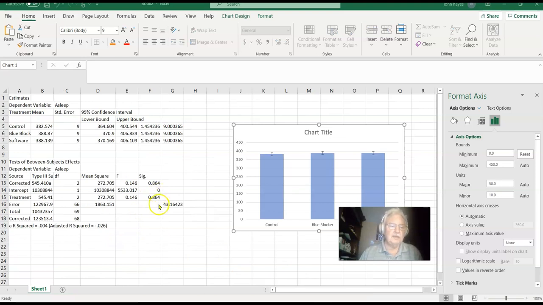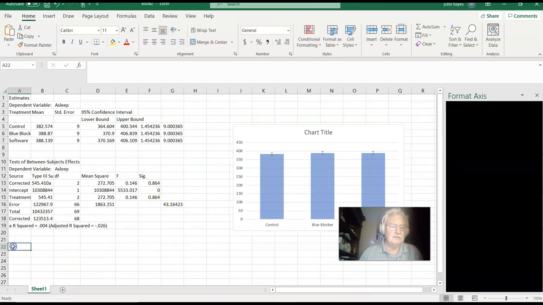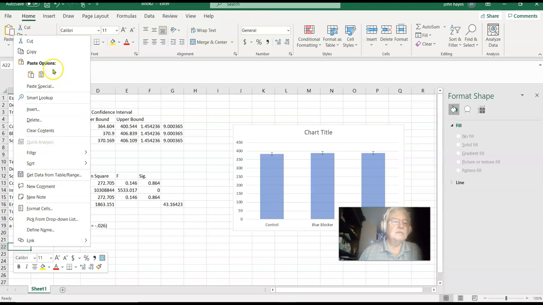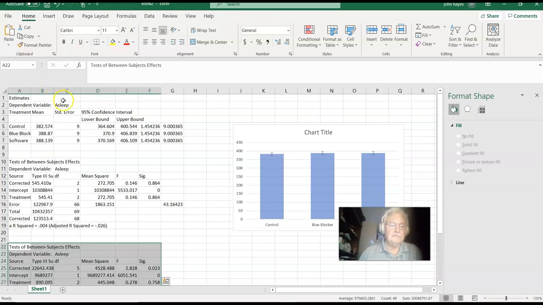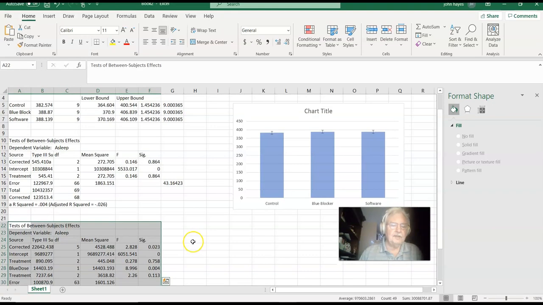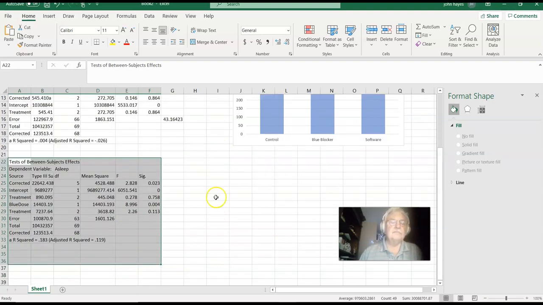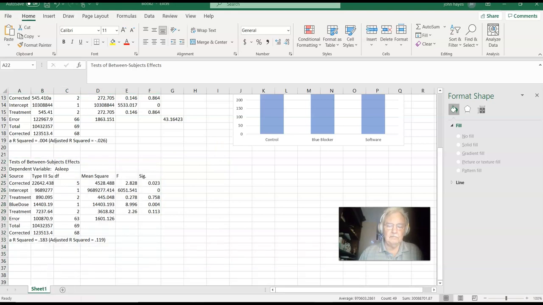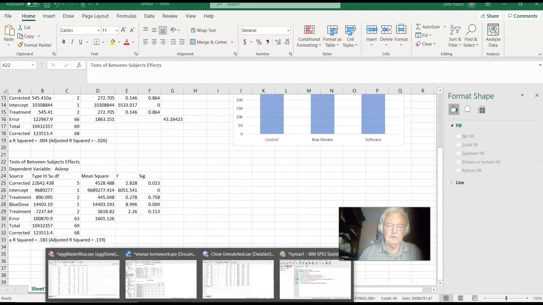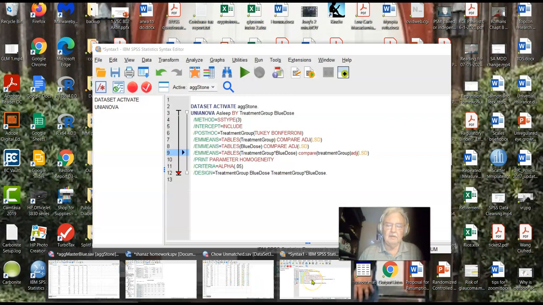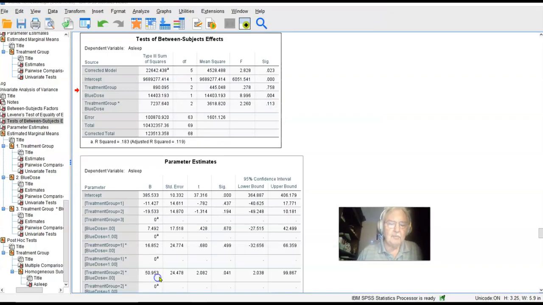And let's put it down here. That is where we're going to get our error term. And then let's look at our means. What's output over here?